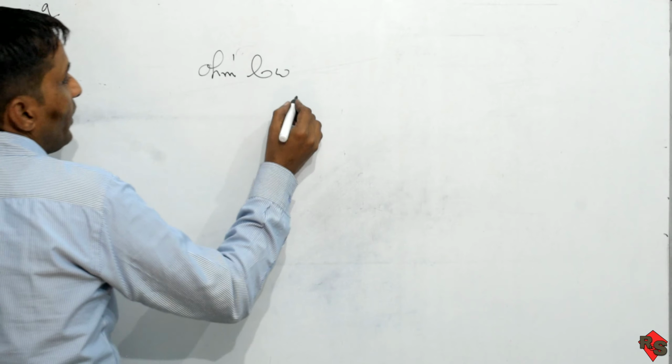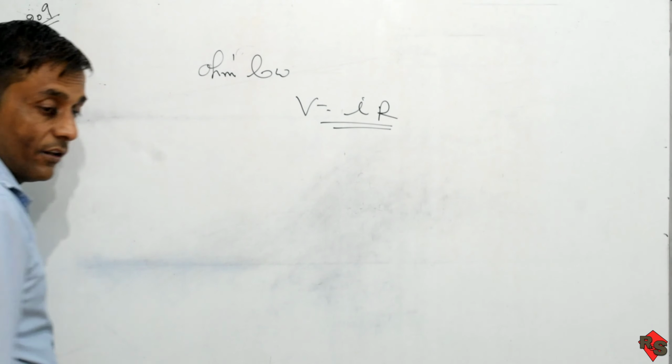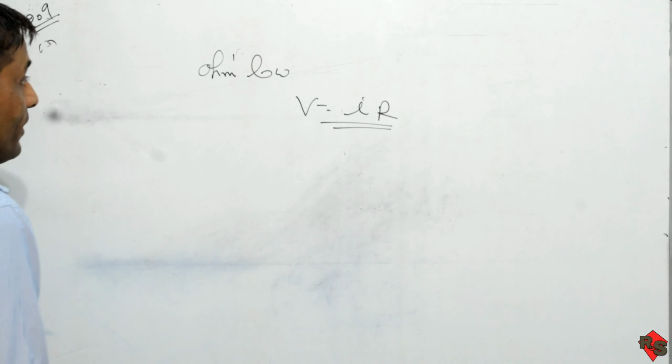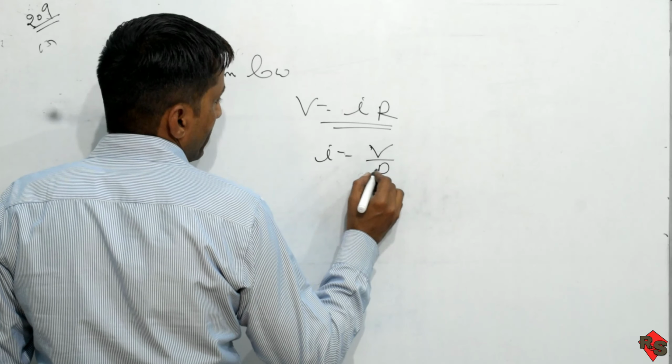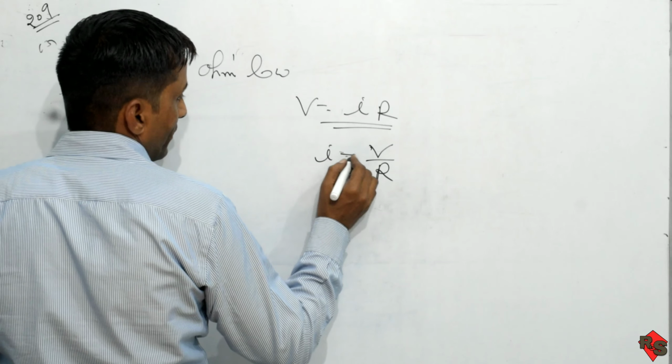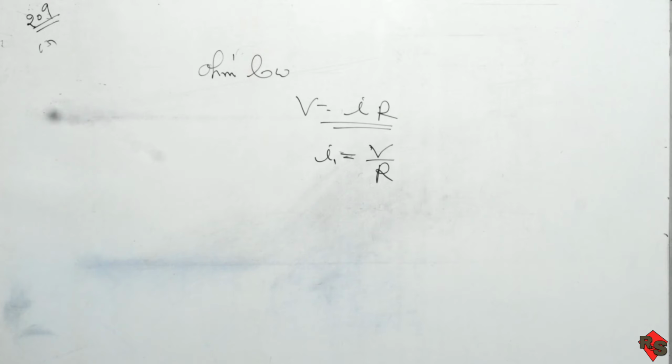What is Ohm's law? V is equal to IR. So we can say I is equal to V by R. That is the first case.